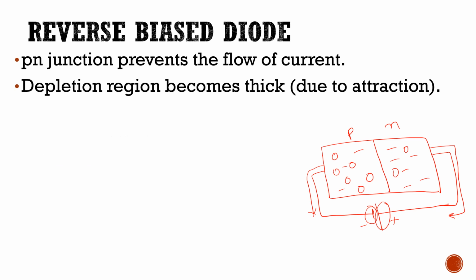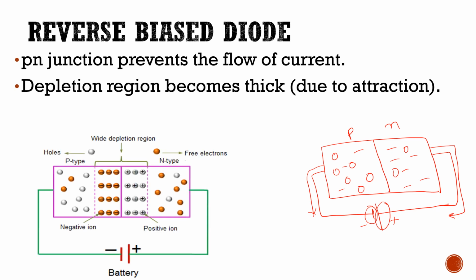So now look at this figure. As you can see, this depletion region becomes thick since more positive ions are created in the N region near this PN junction.